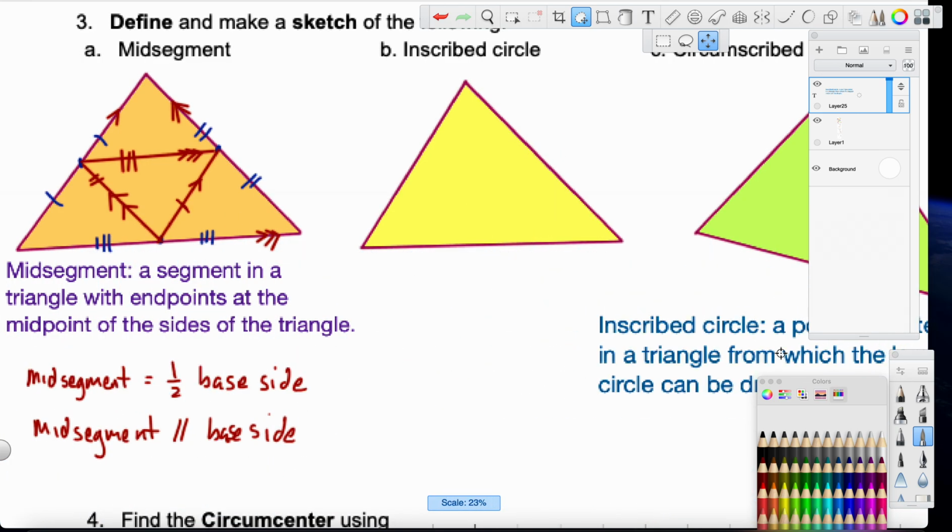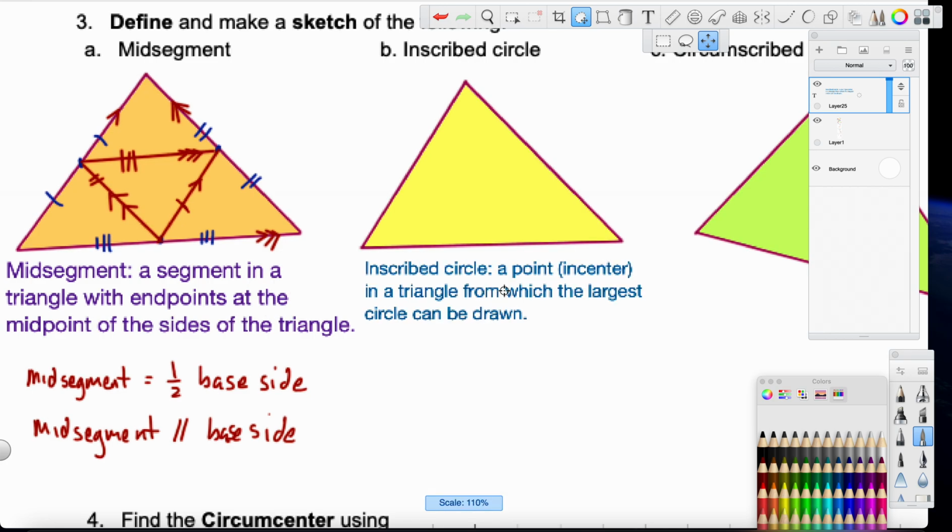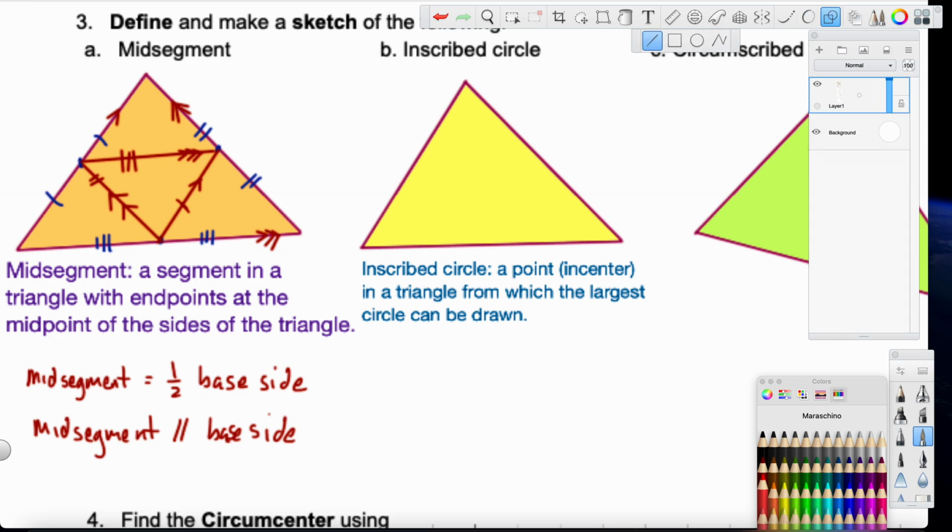So the circle goes inside from the incenter. Okay, so the incenter happens where the angle bisectors are, right?